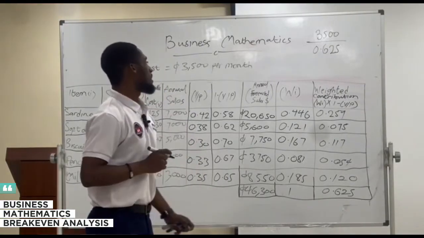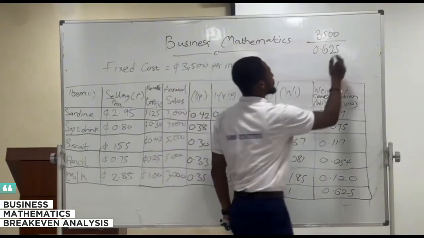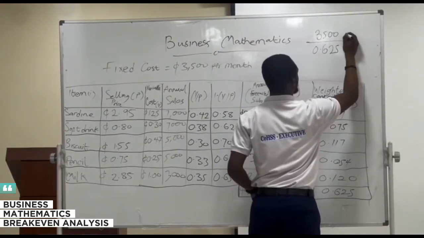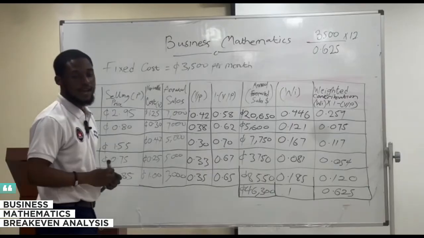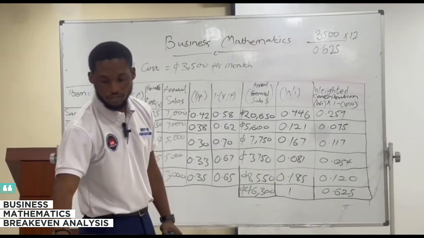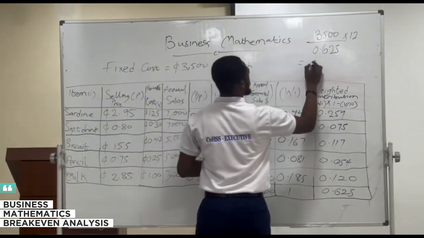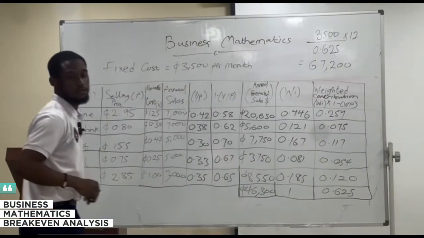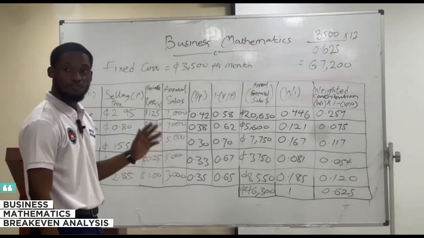So you multiply your fixed cost by 12 and you divide it by the total of the weighted contribution, and there you get $67,200, and this is an example under the multiple product.